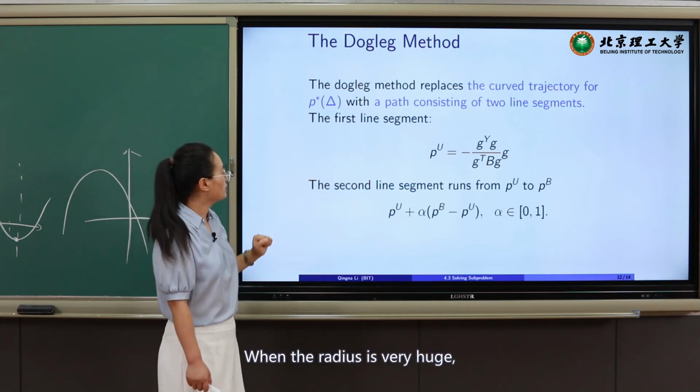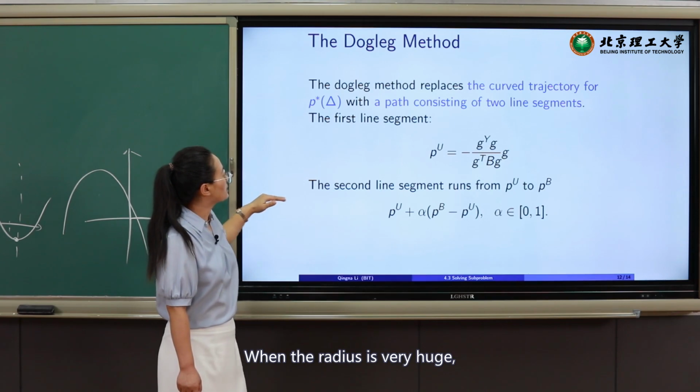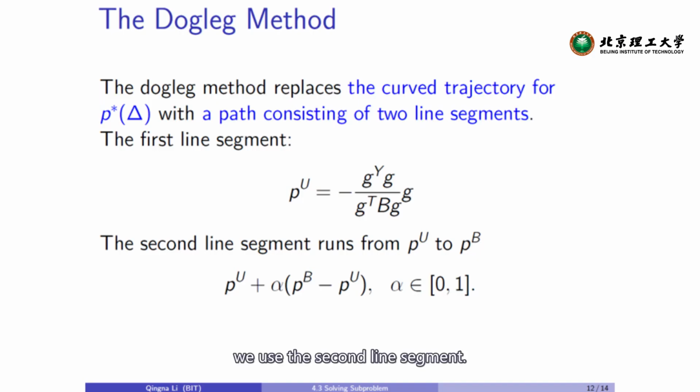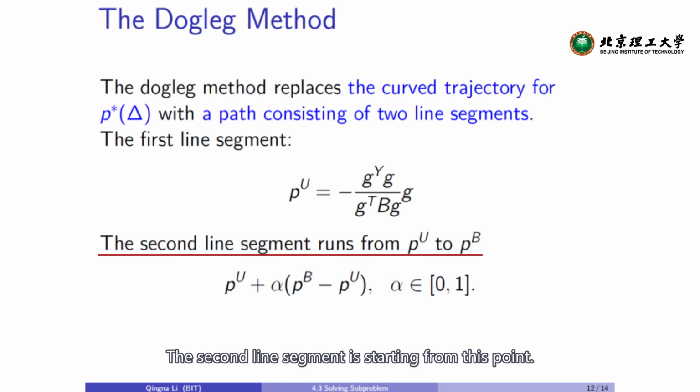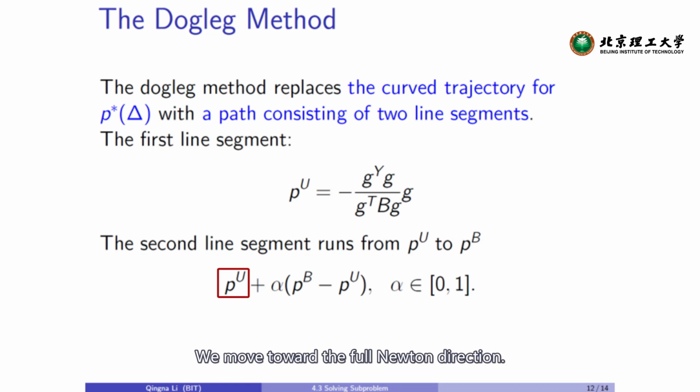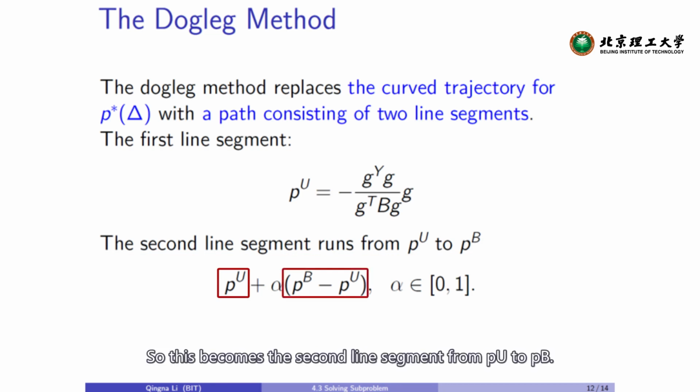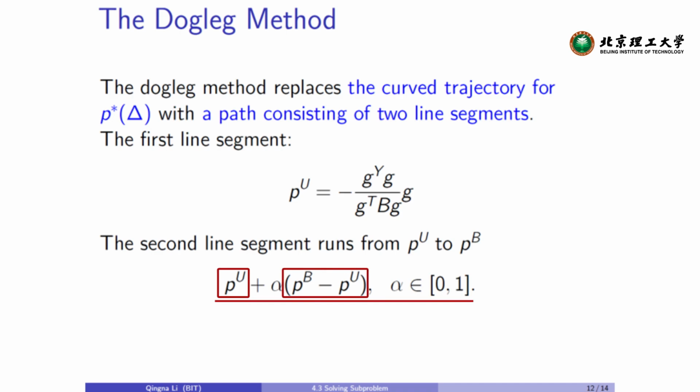And when the radius is very huge, we use the second line segment. The second line segment starts from this point, and we move toward the full Newton direction, okay? So this becomes the second line segment from PU to PB.